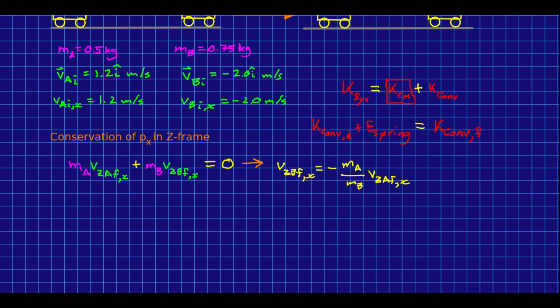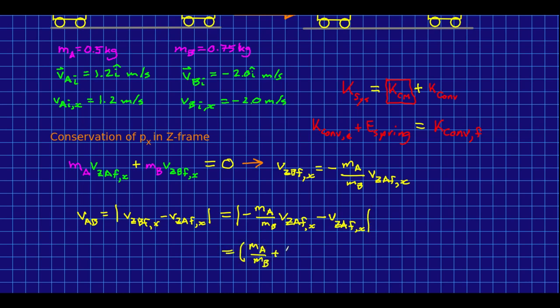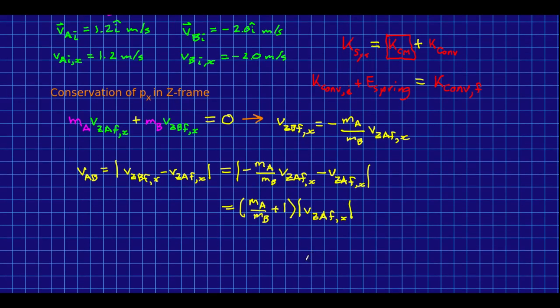We can realize that the relative speed is given this way, which we can now use to replace... this is now useful because we can just rewrite all of this in terms of the convertible kinetic energy.